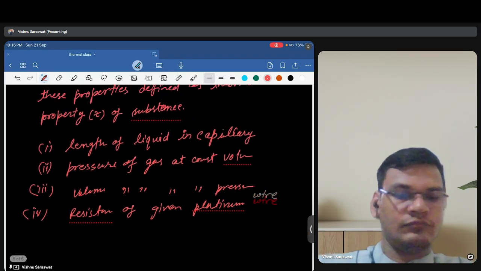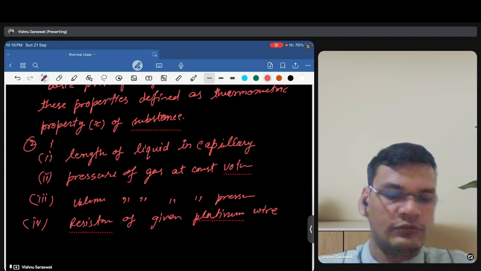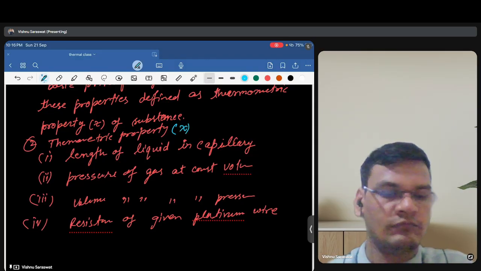So these are the thermometric properties, may be as follows.